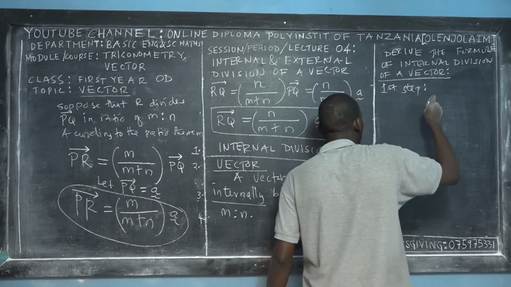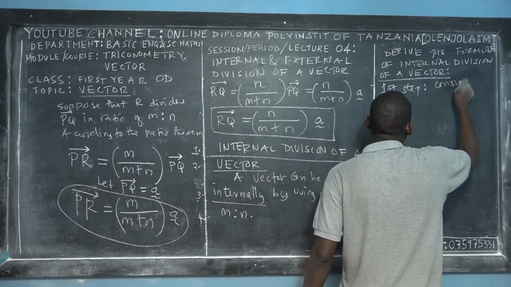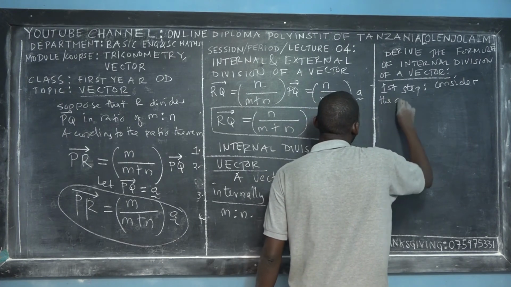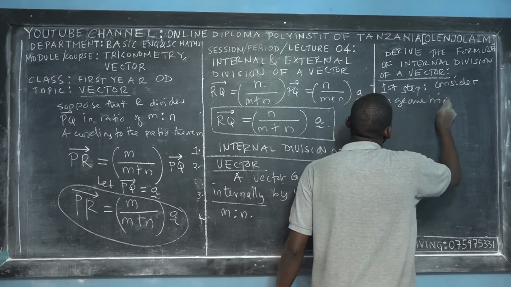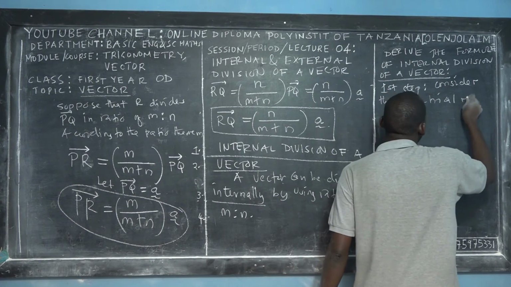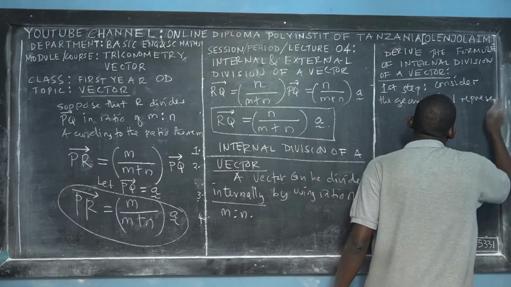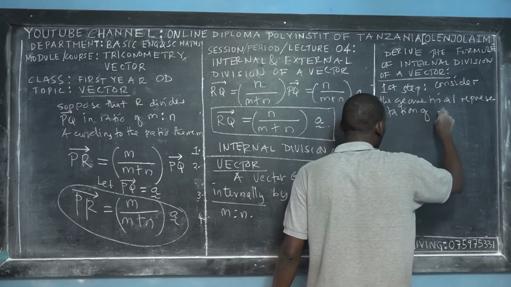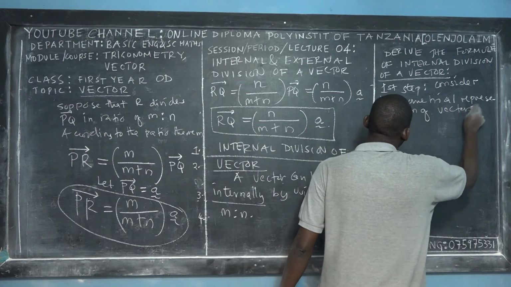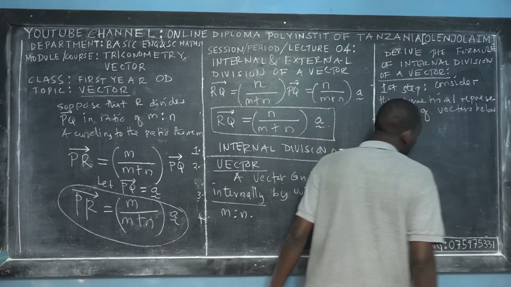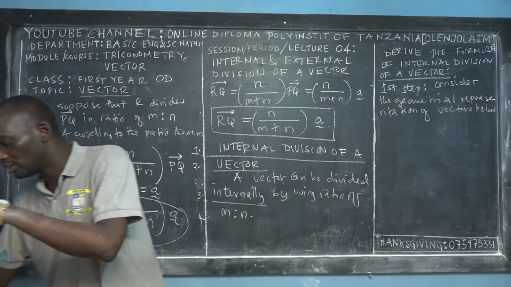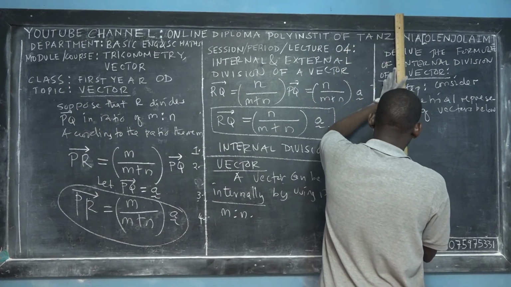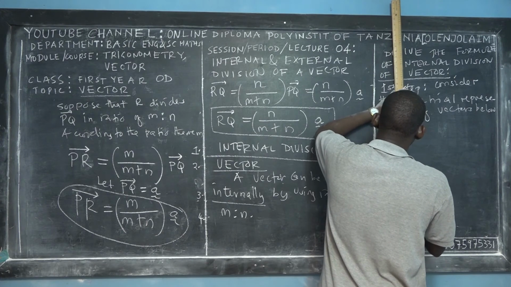So the first step, we say consider the geometrical representation of the vectors below. Okay? So you have the xy plane. Suppose that you have the xy plane.